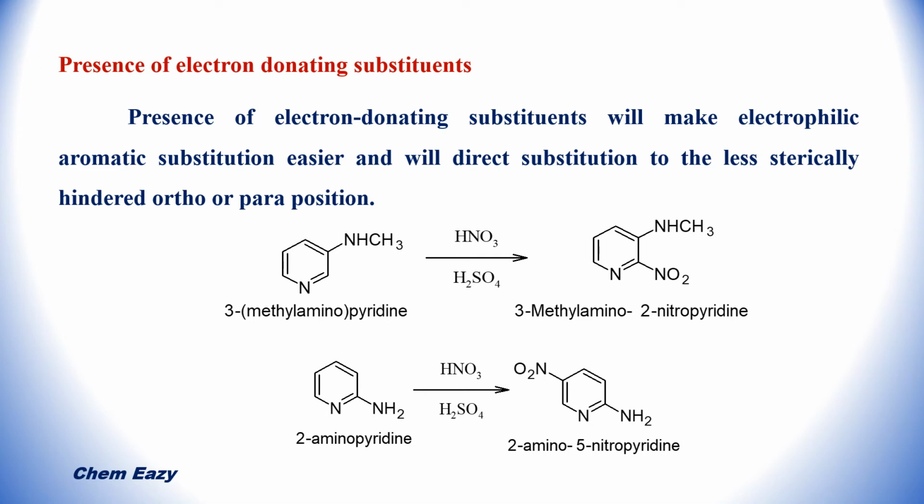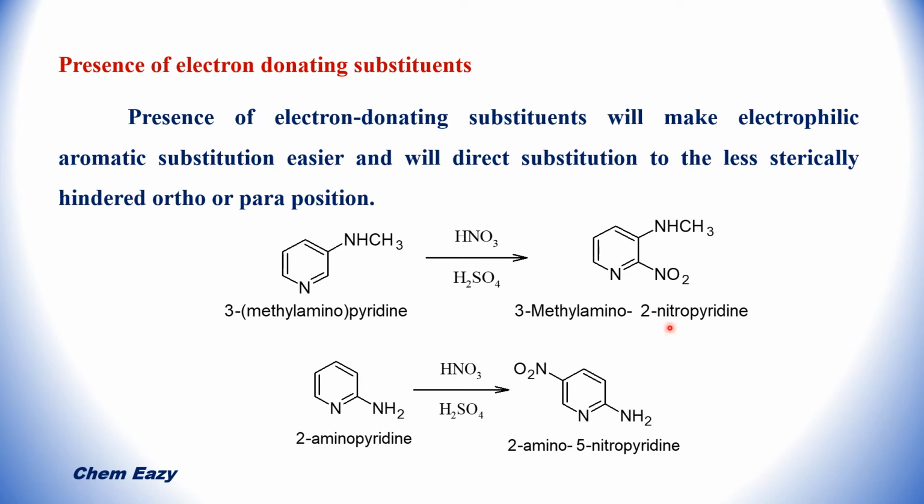Suppose electron donating substituents are present on the pyridine ring, then it will make electrophilic aromatic substitution easier and will direct substitution to the less sterically hindered ortho or para position.